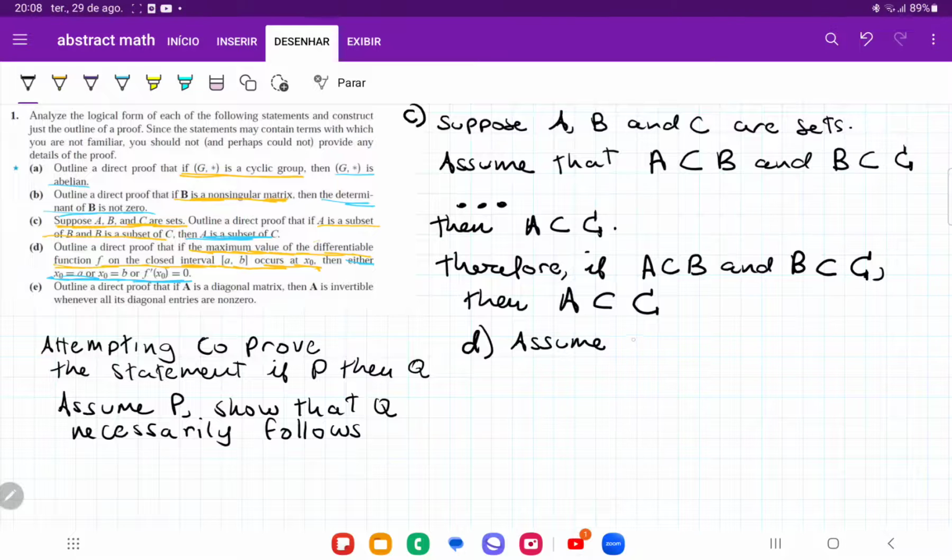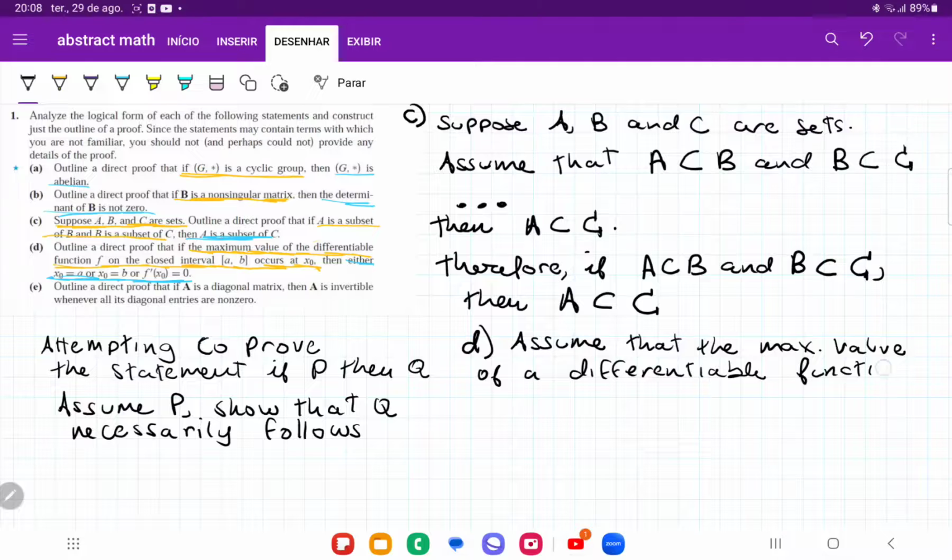Assume that the max value of a differentiable function f on closed interval AB occurs at x naught.